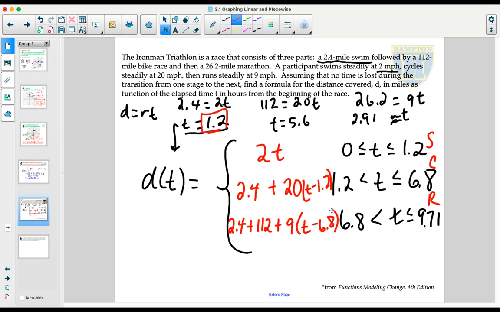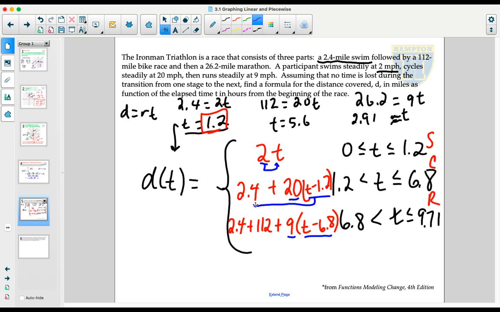Looking back on this in totality, it's actually a little bit easier to see the pattern that gets followed. In front of the independent variable in each one of the lines is the speed at which the person is traveling. Following that is the independent variable, the amount of time they need to do it for. In these two cases, we subtract time from them because those parts of the race are already finished. How do we compensate for that?